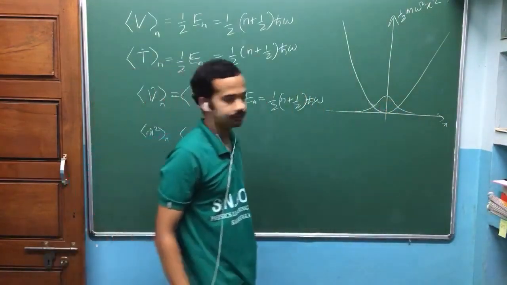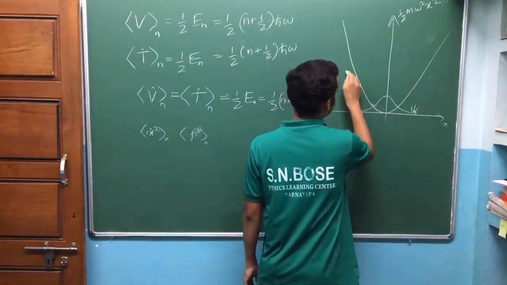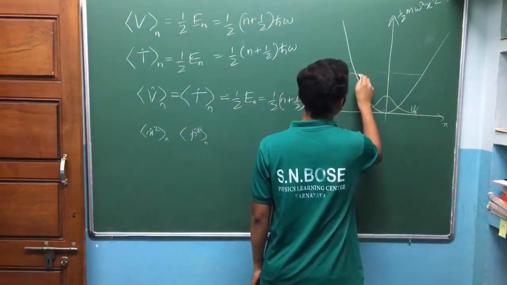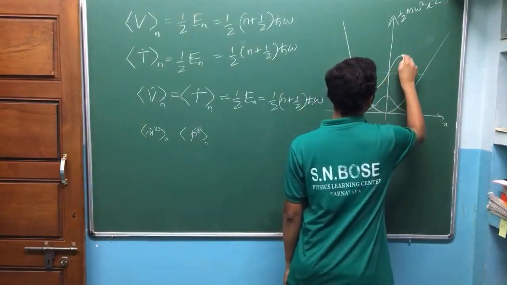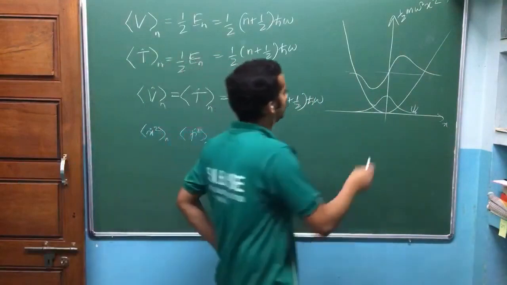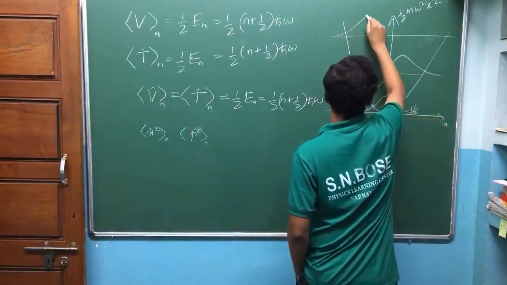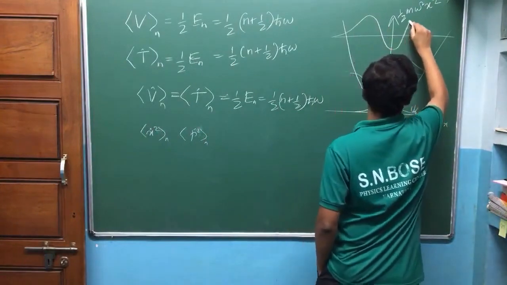This is psi naught of x. So your first excited state is like this actually. So your third state should be like this. Symmetric again.